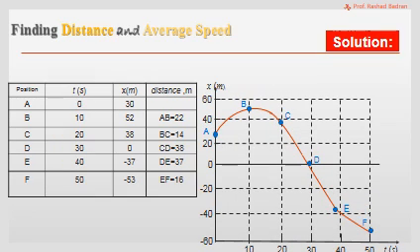Let's see how we can calculate the total distance from A to F from the table and then locate it on the graph. From the table we can take the difference between A and B as a distance, 22 meters, and then we can locate it on the curve as AB equals 22 meters.